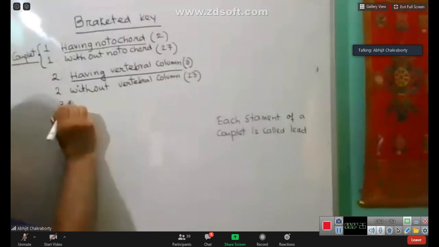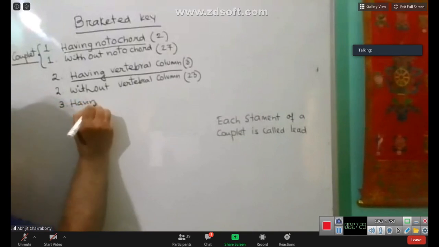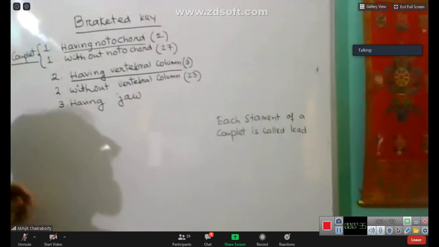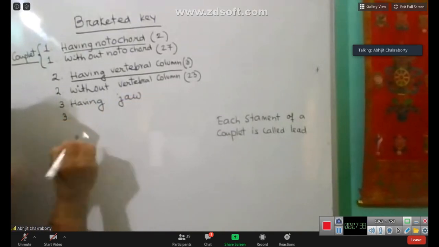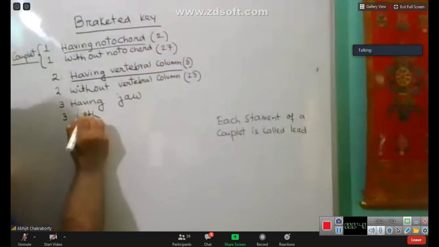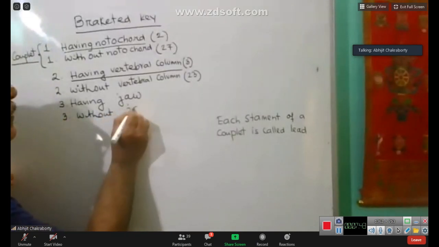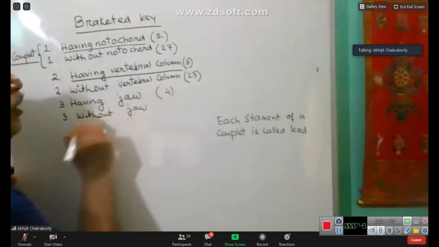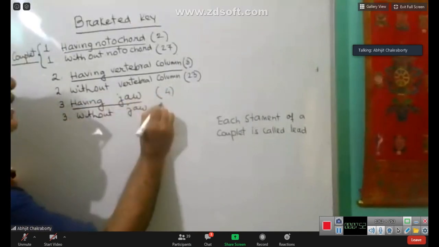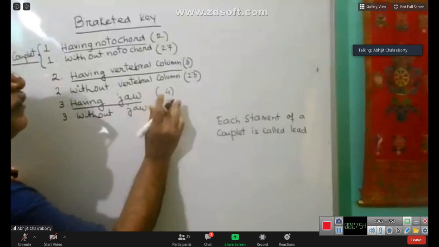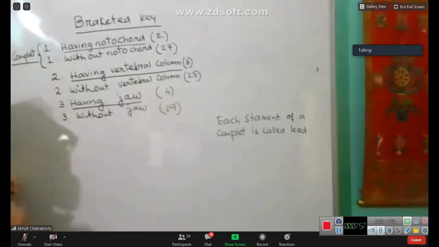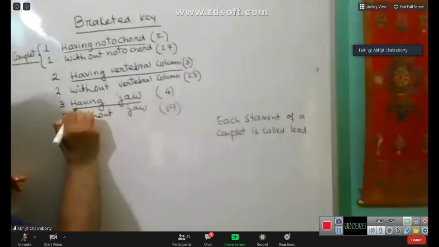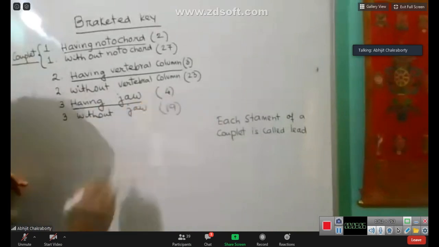Suppose in 3 it is written having jaw, and this contrasting lead is without jaw. Again, suppose the animal is with jaw, so obviously it is selected, and without jaw is rejected. Then you have to follow what is in 4, because it is selected, so you proceed to the number given in the bracket.